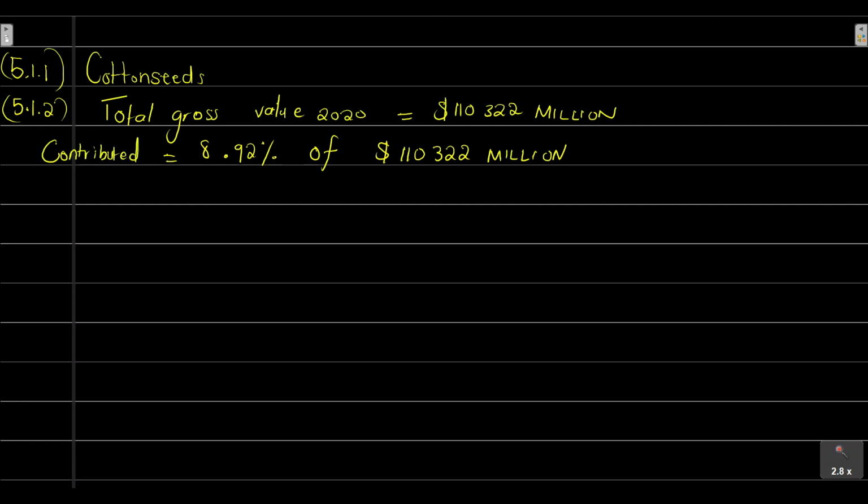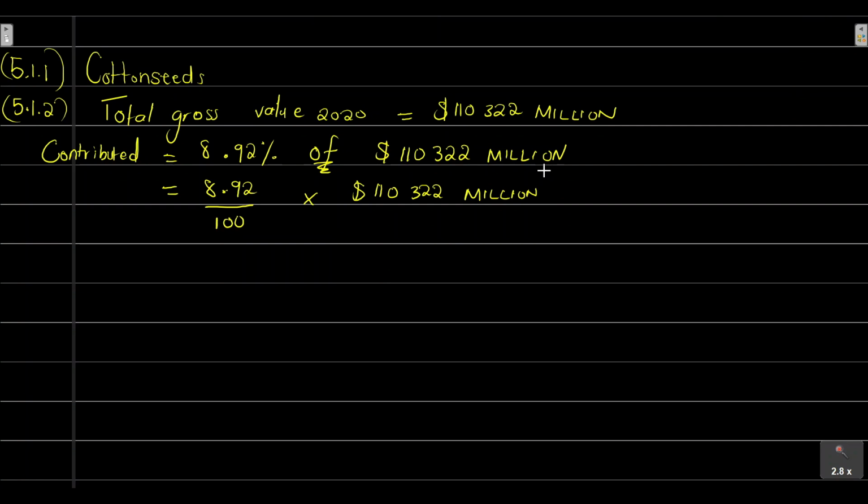So from here, all that we need to do now is convert this into an actual equation. So 8.92% is the same as dividing by 100. Multiply when you see that "of", that 110,322 million. Million basically means that we're going to have 6 more zeros after the 322.